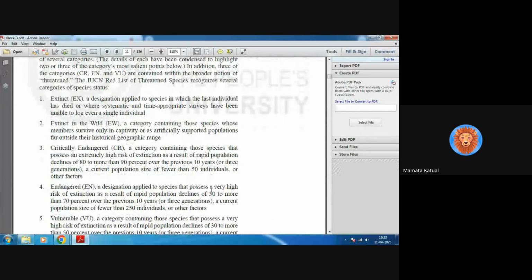So these are the categories. Extinct applies to a species where the last individual has died or where systematic and time-appropriate surveys have been unable to log even a single individual. So if there were many members of this species, but they all died, and the last member also died, and no member is found living, then we call it extinct.